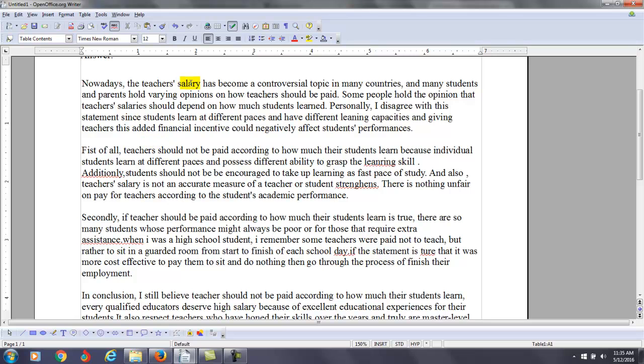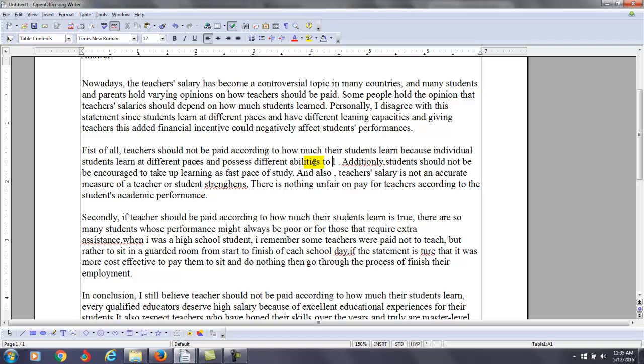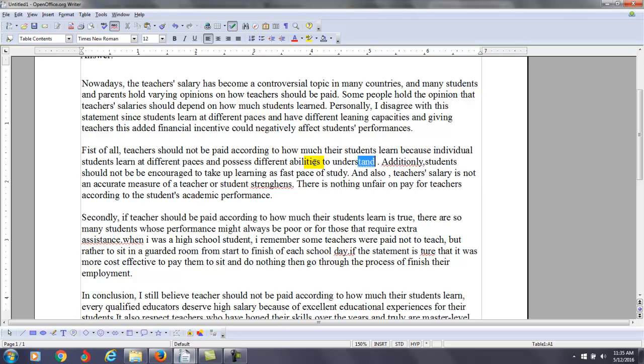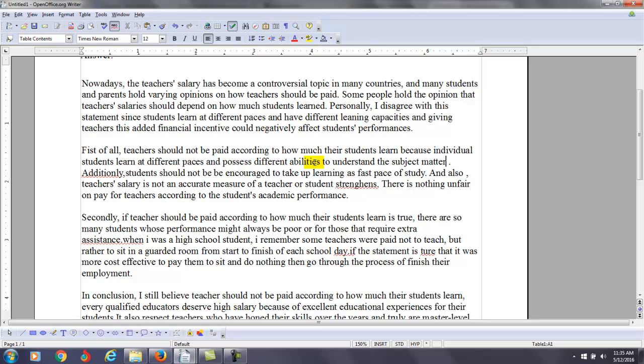This helps tie it back to the purpose. So teachers should not be paid according to how much the students learn, because individual students learn at different paces and possess different abilities to understand the subject matter.